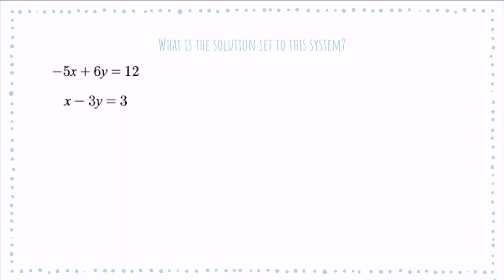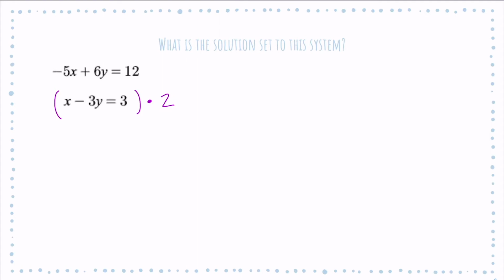Okay, so if we multiply the second equation by 5, we could eliminate the x terms. If we multiply the second equation by 2, we could eliminate the y terms. So it doesn't matter which one you choose.